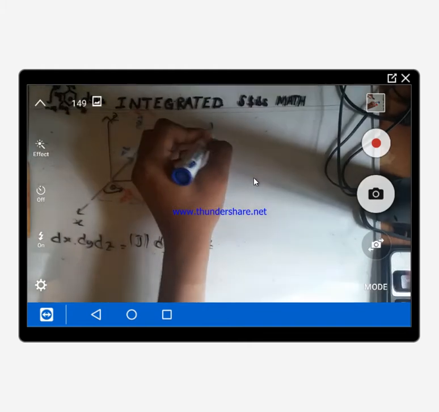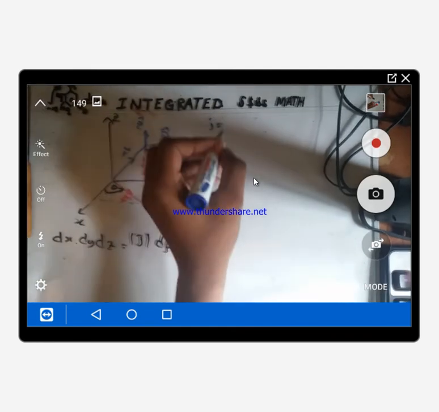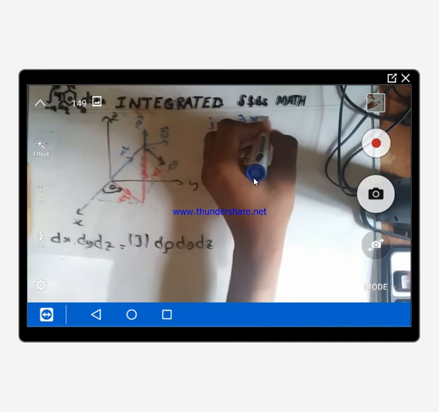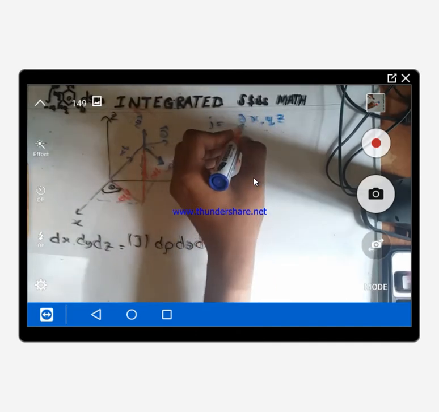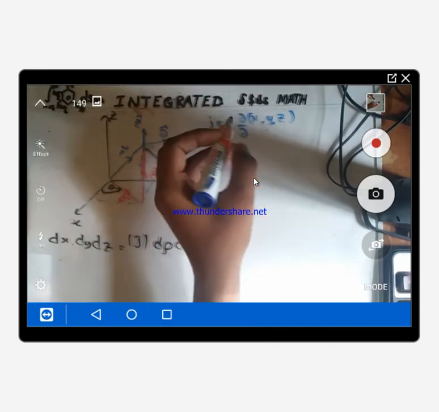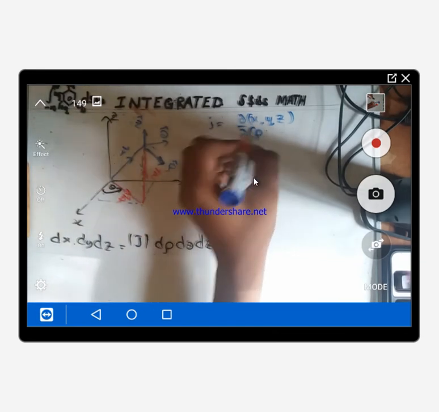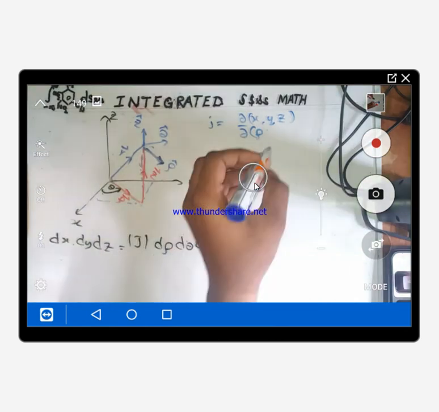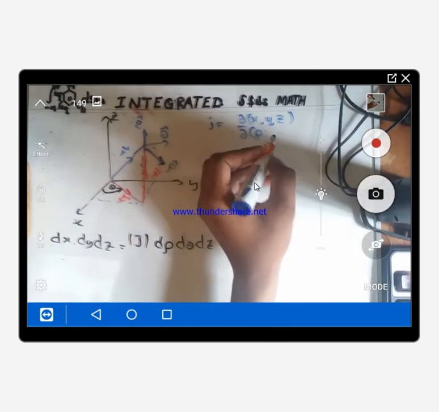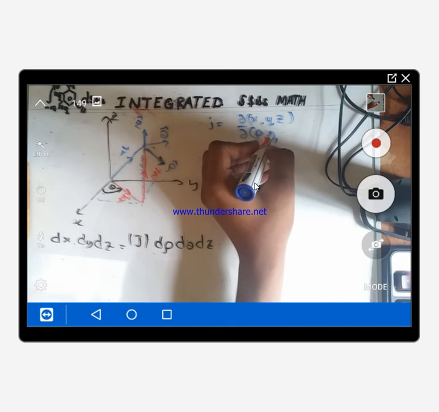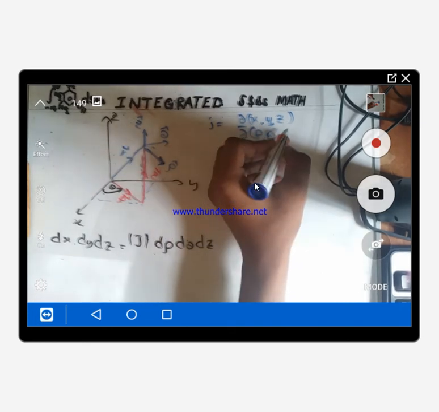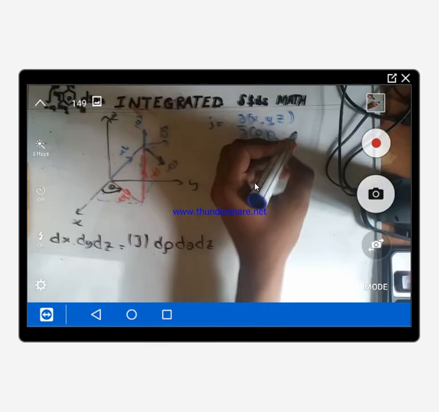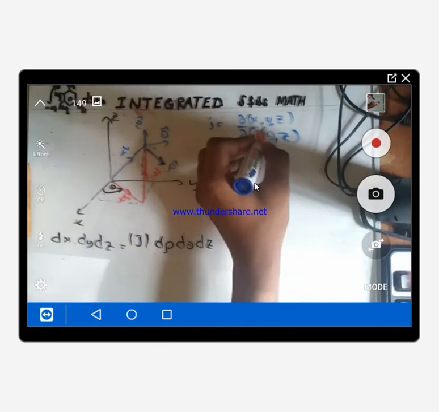This is the Jacobian matrix. What is the Jacobian matrix, and how does it come about? It is the partial derivatives of x, y, z with respect to rho, theta, and z.